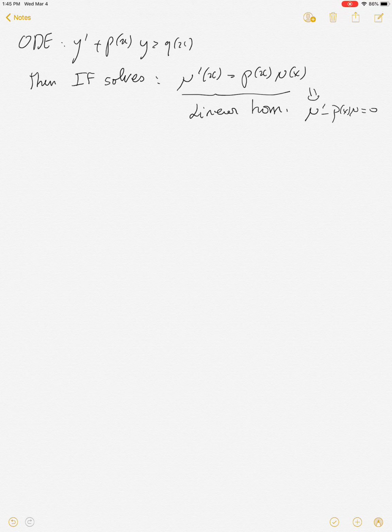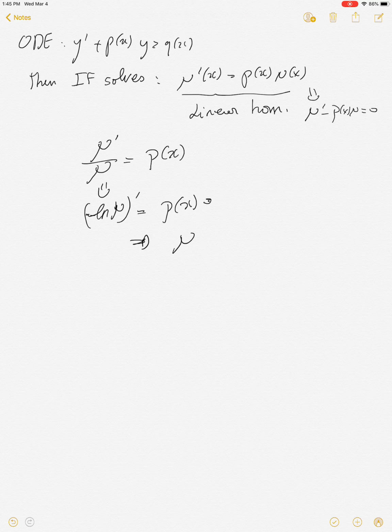And you already know how to solve this equation. We get mu prime over mu equal p(x), but mu prime over mu is nothing but the derivative of log of mu, equal p(x). And then you deduce that mu is of the form a e to the antiderivative of p(x) dx.